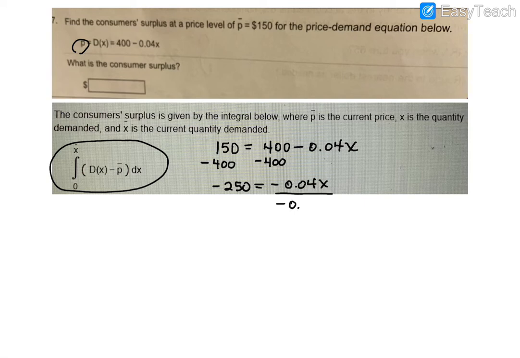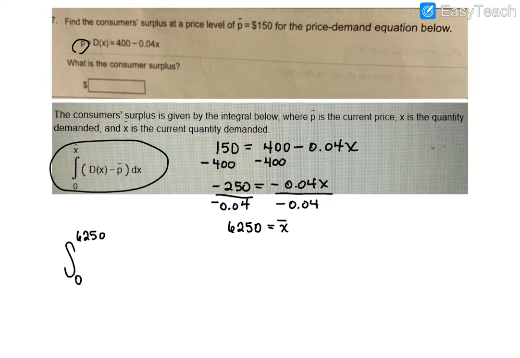And then I'm dividing both sides by the negative 0.04. And so when I get on my calculator, that's going to leave me with 6,250.